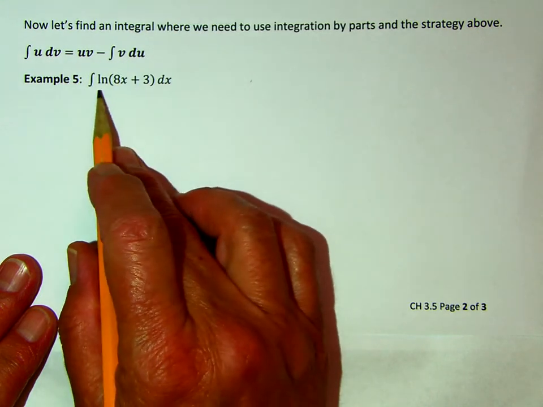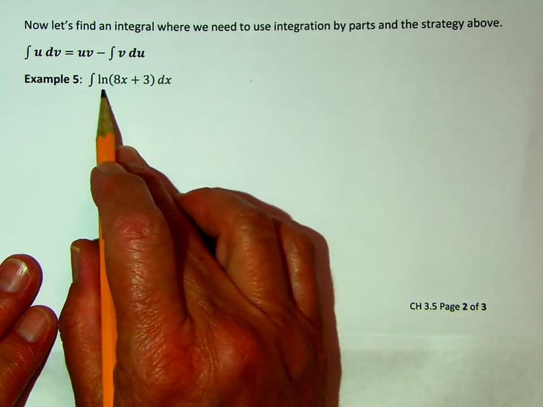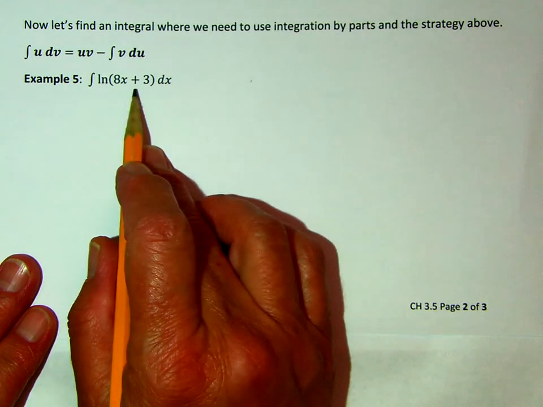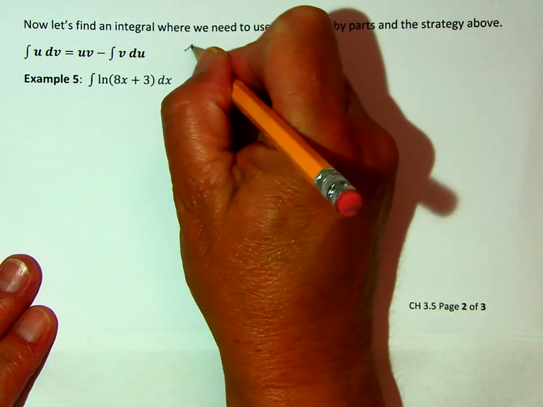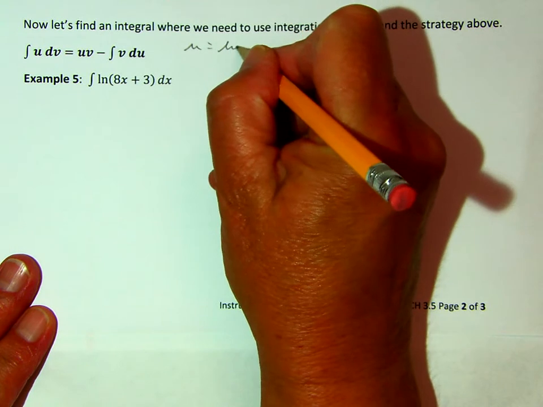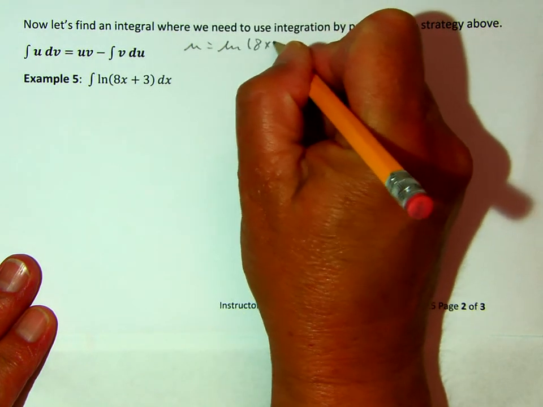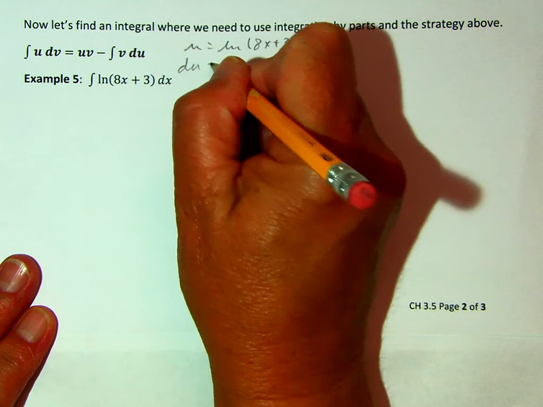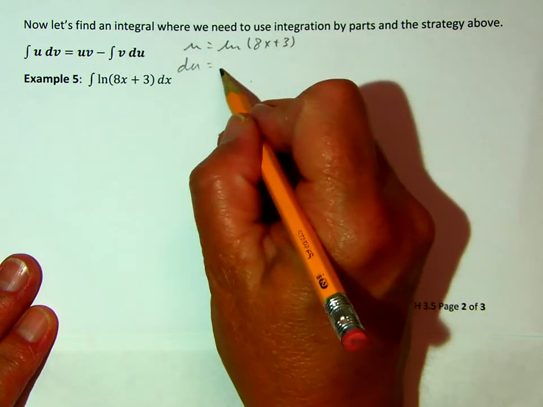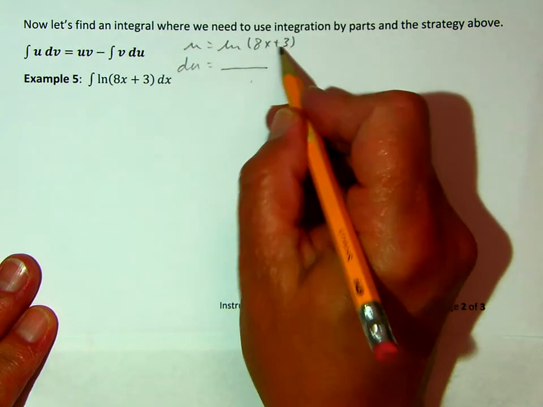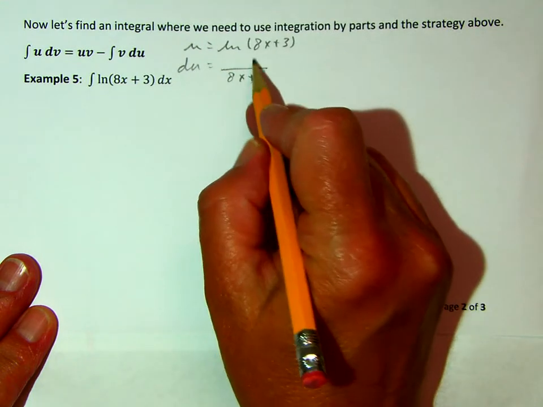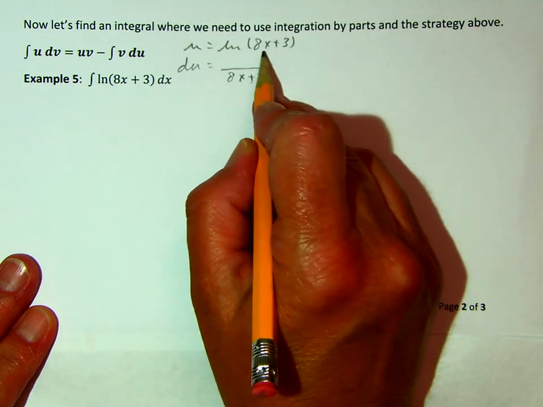So again, when we see a logarithmic component, that is a good choice for u. So let's let u equal the natural log of 8x plus 3. Then du would be 1 over the argument, and the numerator would be the derivative of the argument.